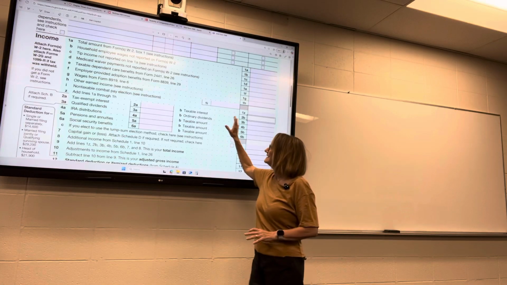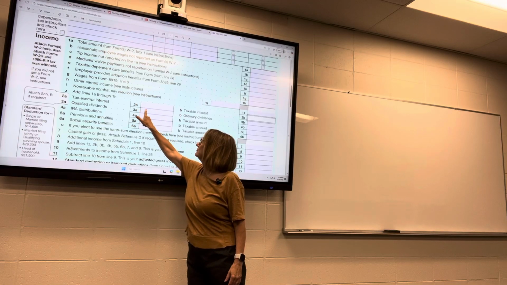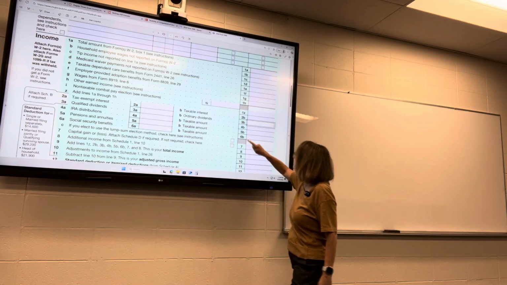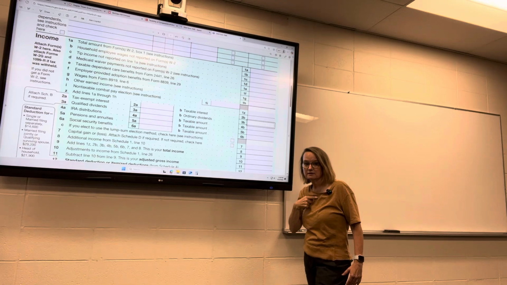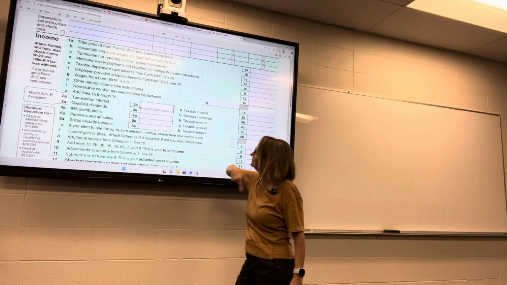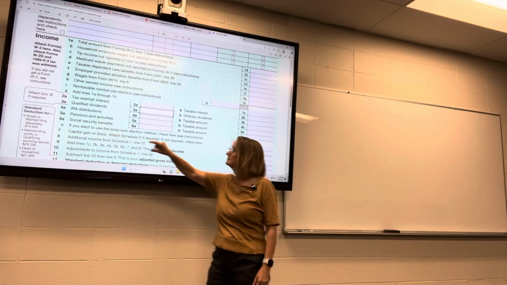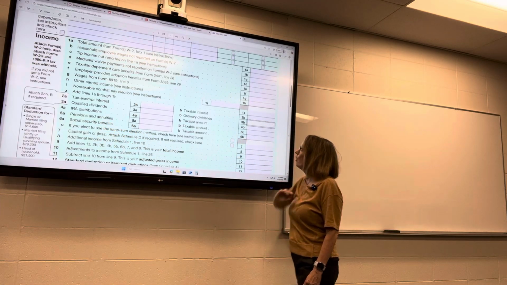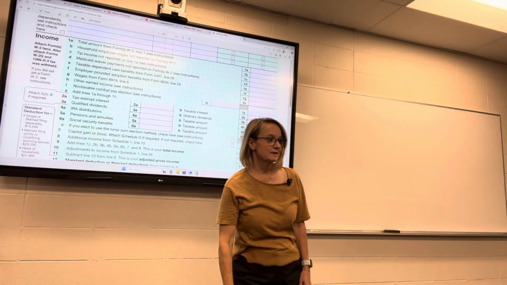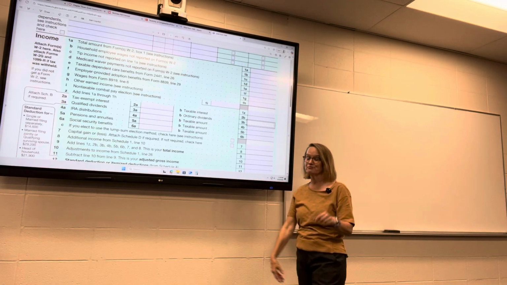Okay. Dividends are entered on line 3, and you see there are two boxes for dividend income. We have qualified dividends, and we have ordinary dividends. Now, these two are a little bit different.